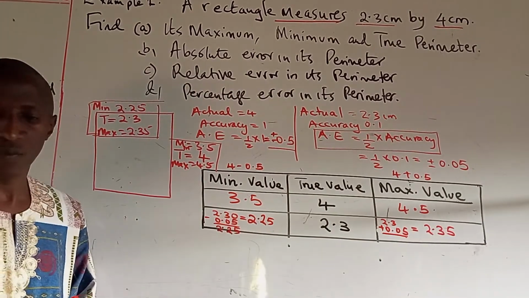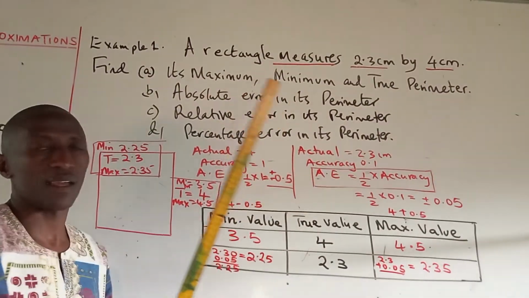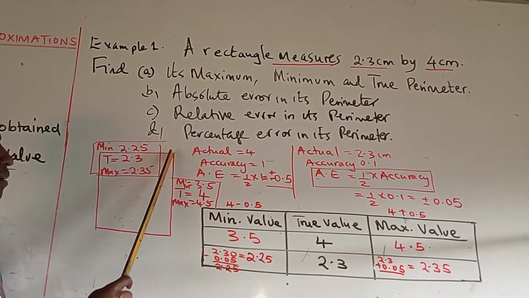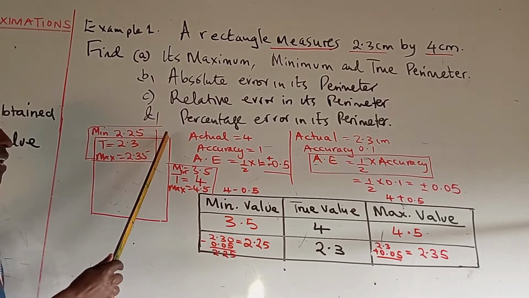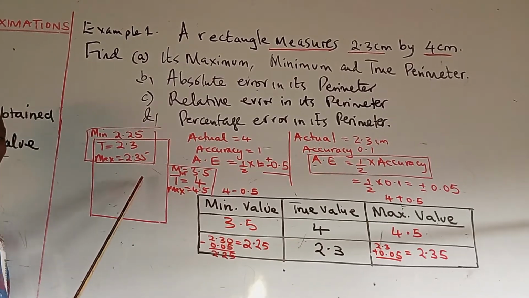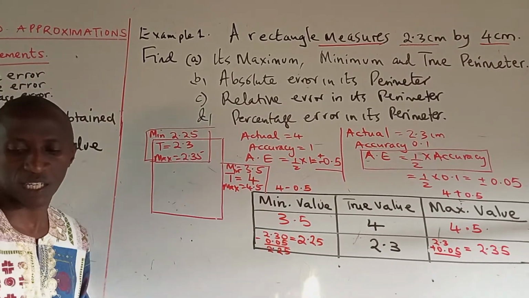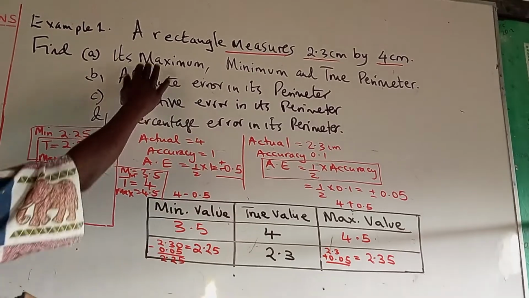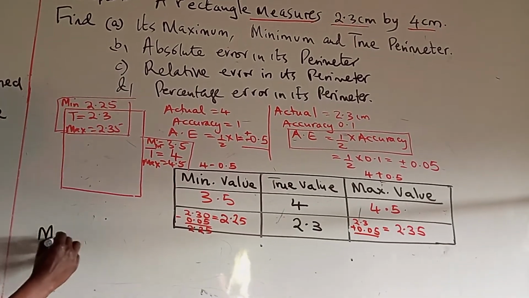Now, the question that we are answering is about perimeter. So we are going to look at the length added to the width, I beg your pardon, the length added to the width multiplied by 2. That is how we get perimeter of an object like this one. That means we may start with maximum perimeter.